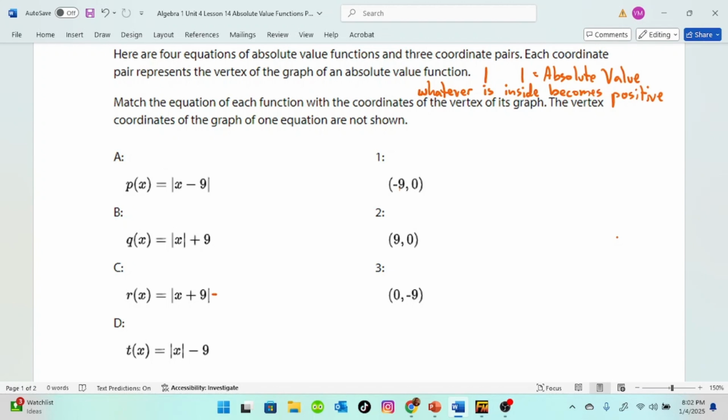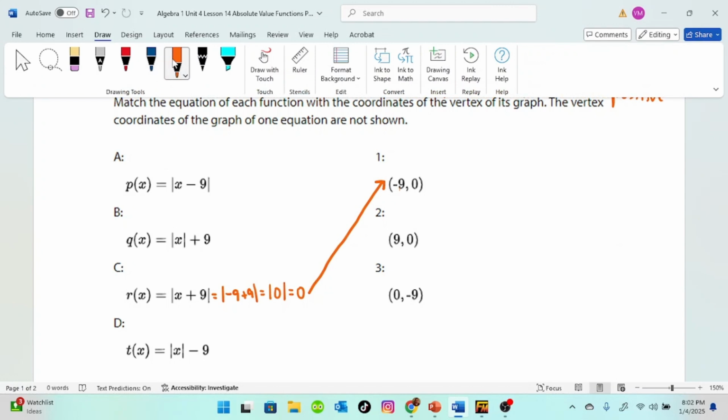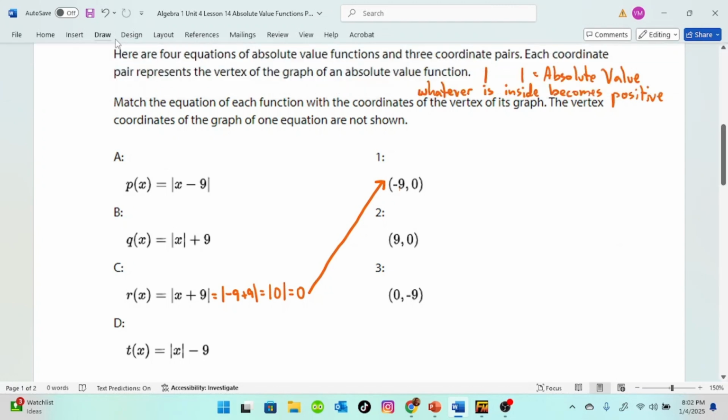So this becomes absolute value of negative 9 plus 9, which equals the absolute value of 0, which equals 0, and that means C matches number 1. Next, we have a positive 9.